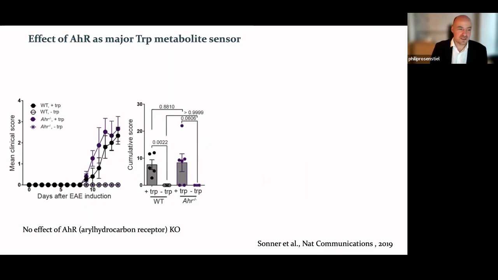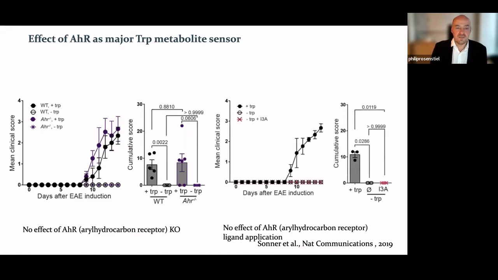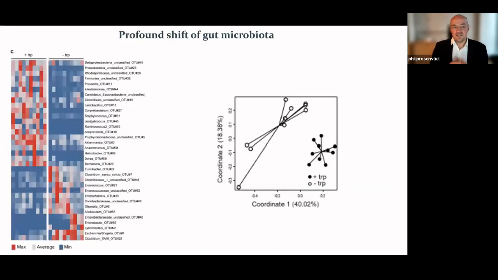We tried to do many, many things, including using aryl hydrocarbon receptor knockouts, which are known to sense certain tryptophan metabolites from the microbiota: no clinical effect. Feeding animals certain known tryptophan metabolites from the microbes: no clinical effect. The only thing we could offer is that under these conditions, the microbes in the gut look completely different.